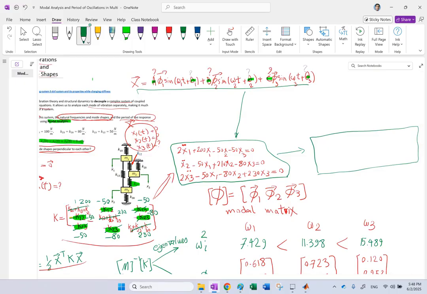instead of x1, 2, 3, call them q1, q2, q3, the first one is going to just be something like some number times q1 double dot plus some number times q1 equals 0, and the second one is something similar. And the third one is, again, going to be something similar. And these numbers are different, okay?